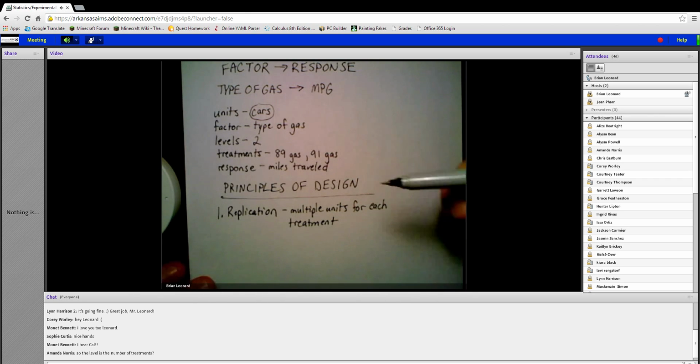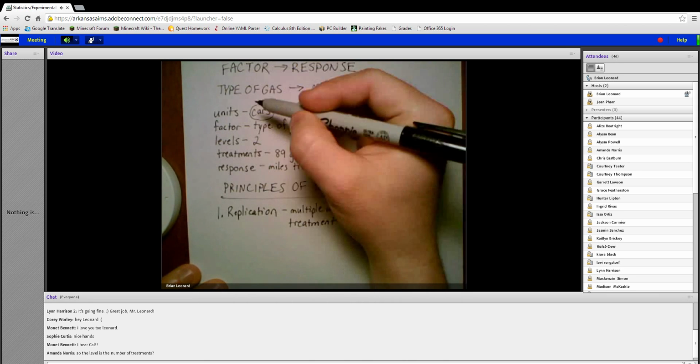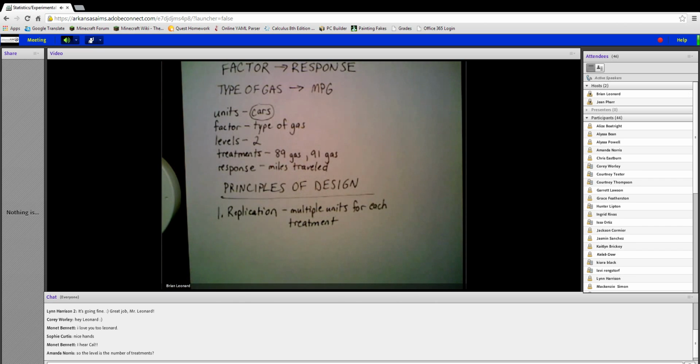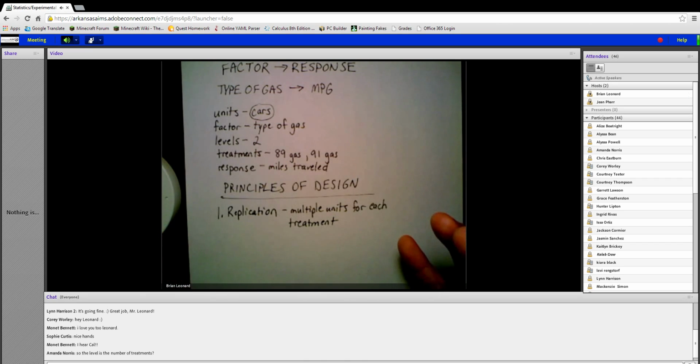So let's say we're going to design this experiment, and we're not just going to use my car, but let's say we're going to use 50 cars. Okay, that's called replication, because now these treatments are getting more than one unit. So we can see how they act under different conditions.